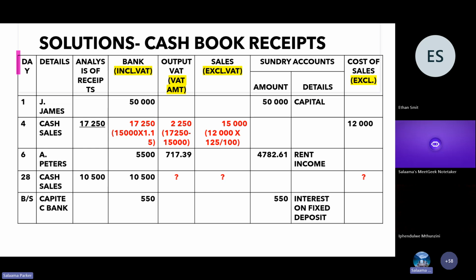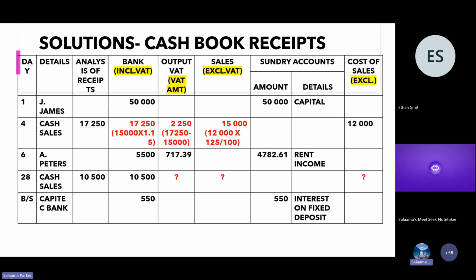This was the amount that was given. We were not given the selling price, we were given the cost. We usually are given the selling price and then have to go this way, from the inclusive amount, and calculate the VAT, the sales and then the cost of sales.